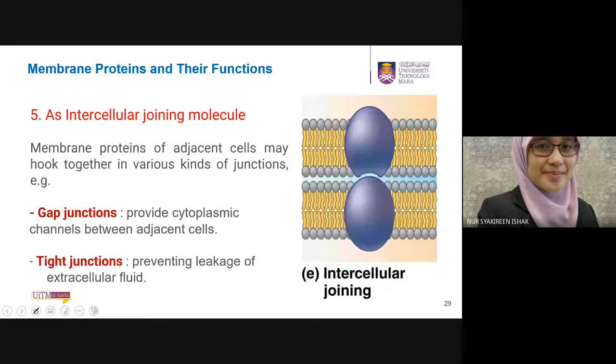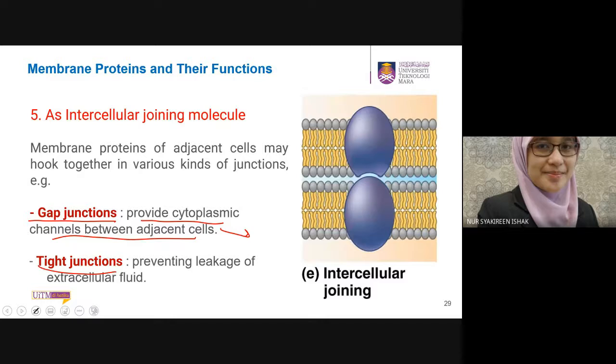So the next one is the function of the membrane protein as intercellular joining molecule. So membrane proteins of adjacent cells may hook together in various kinds of junction, such as gap junction and tight junction. So this one we have looked at during chapter 2, which is the function of gap junction is to provide cytoplasmic channel between adjacent cells so that substance from one cell to another cell can be transferred directly through the cytoplasm that is connected between the cells.